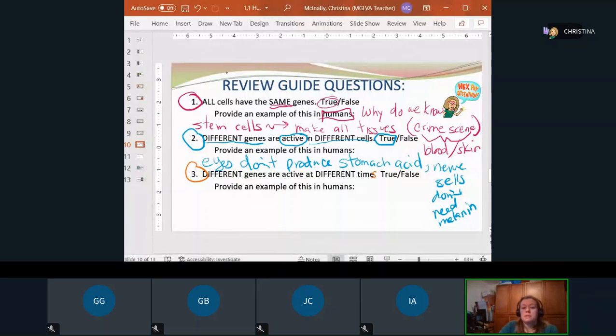Different genes are active at different times. Could she have given us a third true statement in a row? There's got to be some kind of statistical anomaly where you have to have one false. Not always. Sometimes I just like to mess with your head. The answer is true.